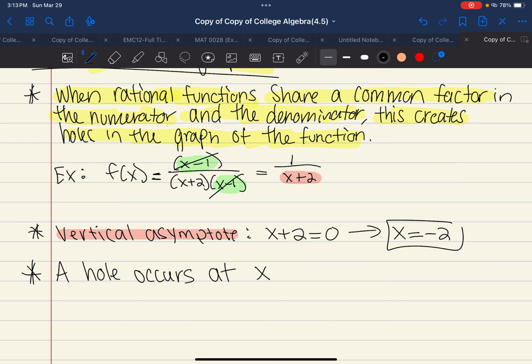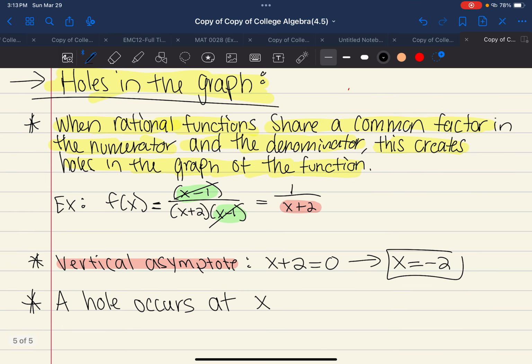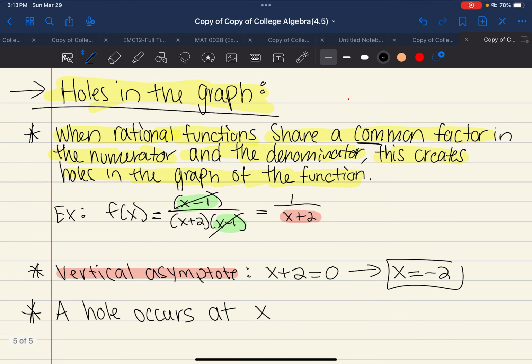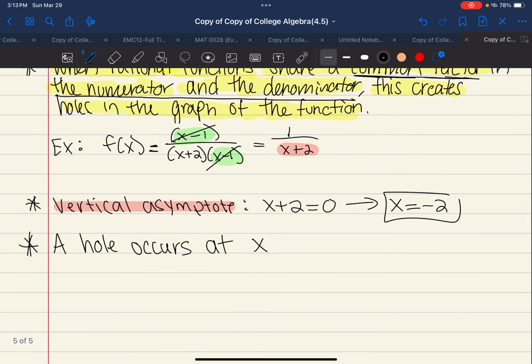And then the hole in this graph, because like I said, when they share a common factor in the numerator and the denominator, like this example did, this is going to create a hole in my graph.